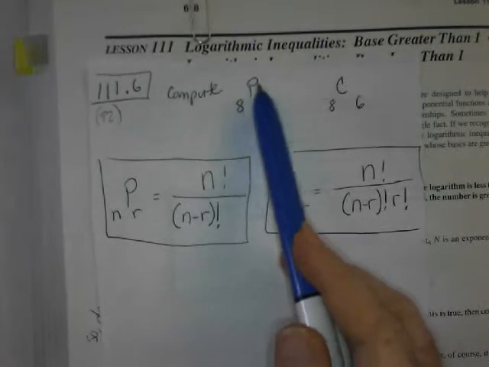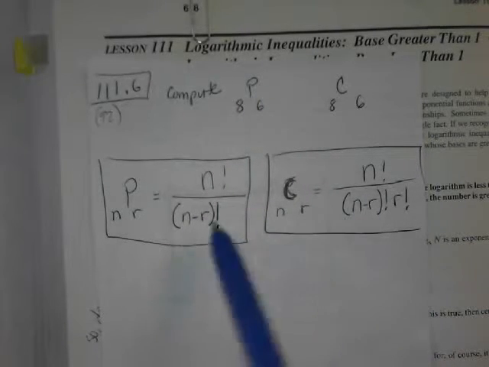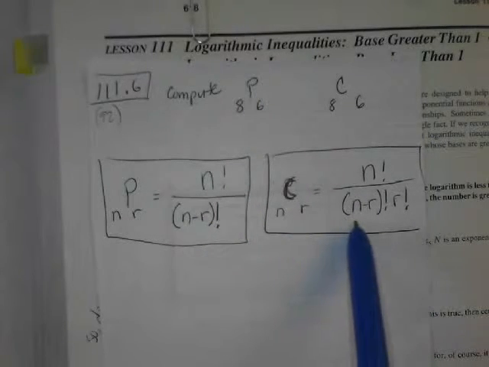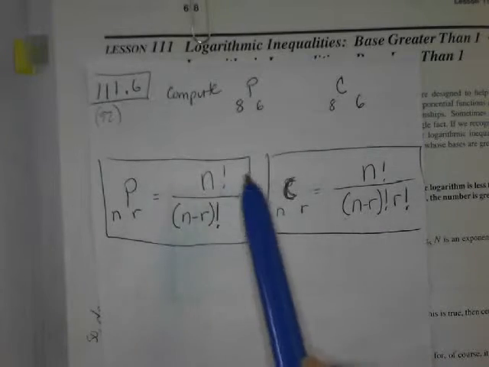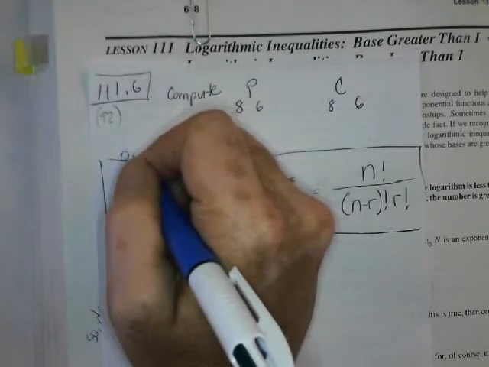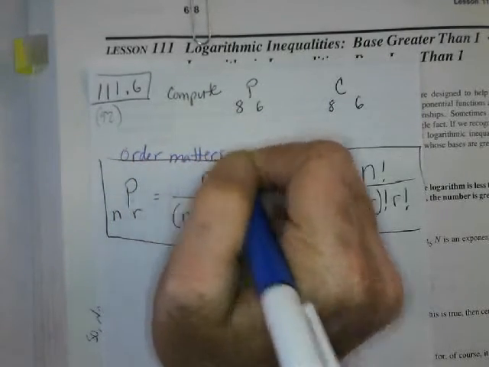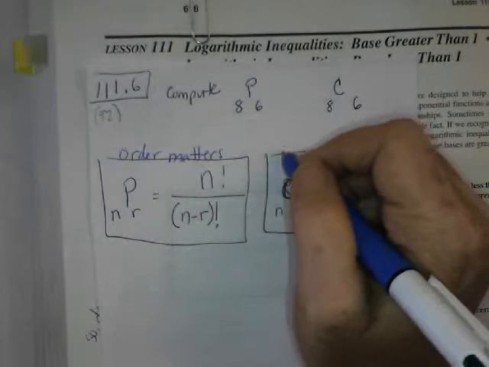Now there's something interesting about the 2 formulas that I can't help but talk about. Permutations are when order matters. And combination is when order doesn't matter.